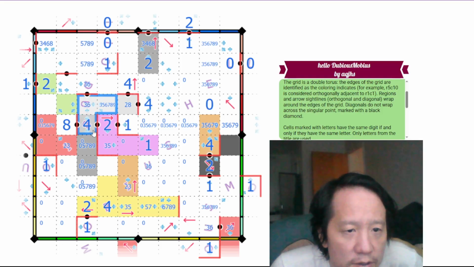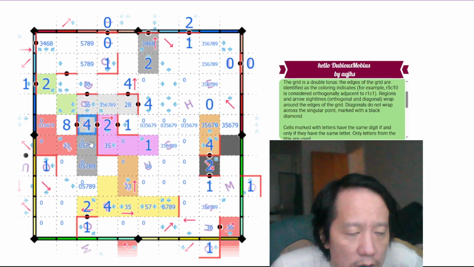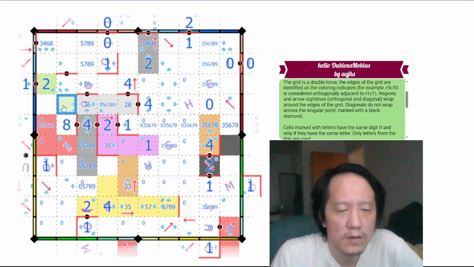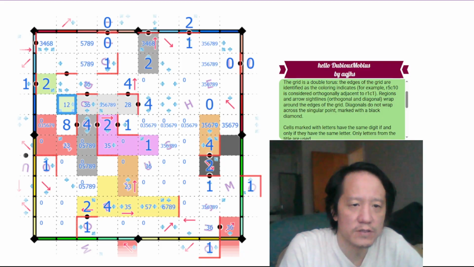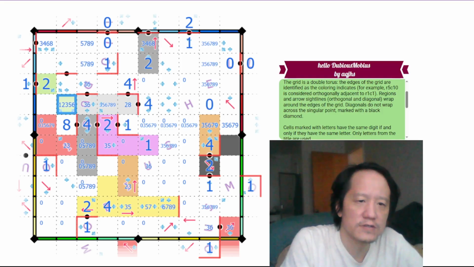It could be 3. This has to be at least 1, but we don't have any other guarantee. So 1, 2, 3, 5, 6, 7, 9.